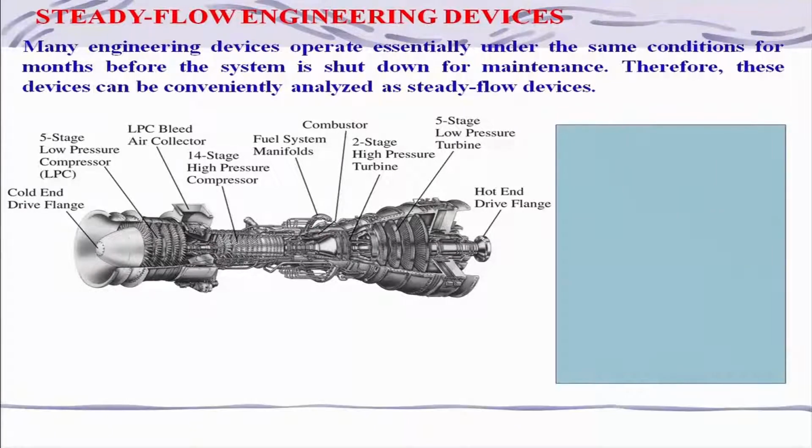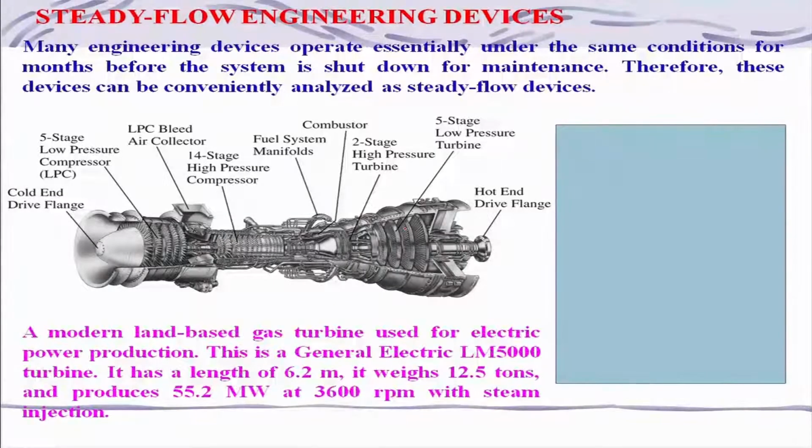There is a combustion chamber, the turbine and other components. This is a very big gas turbine engine which can give you a power of 55.2 megawatt, rotating at 36,000 RPM with steam injection. Its length is 6.2 meter, it is very huge, and its weight is 12.5 ton.